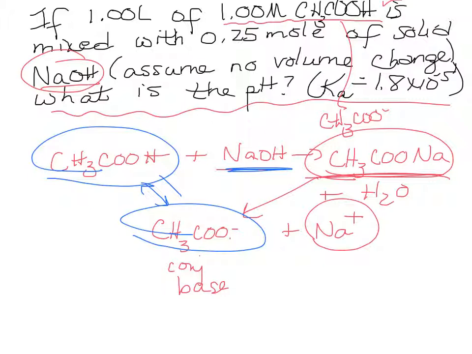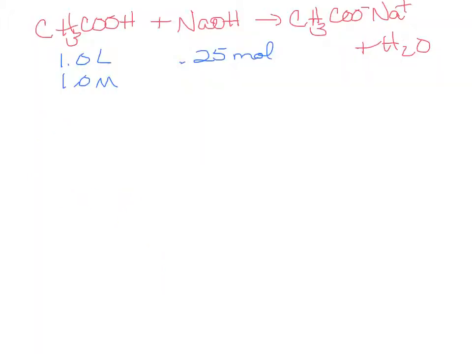So let's go ahead and put some quantitative calculations to that. Here's what we're dealing with. The problem told us that we have 0.25 moles of sodium hydroxide. We can calculate moles of acetic acid, multiplying molarity times liters, so we have 1.0 moles of the acetic acid.